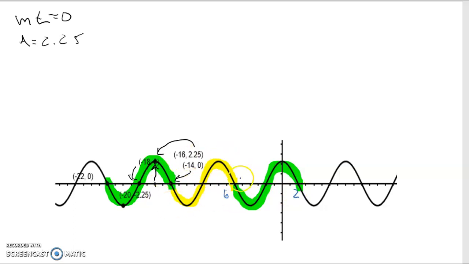So if our period is 8, we know that b is equal to 2 pi divided by 8, or pi over 4. Always reduce.